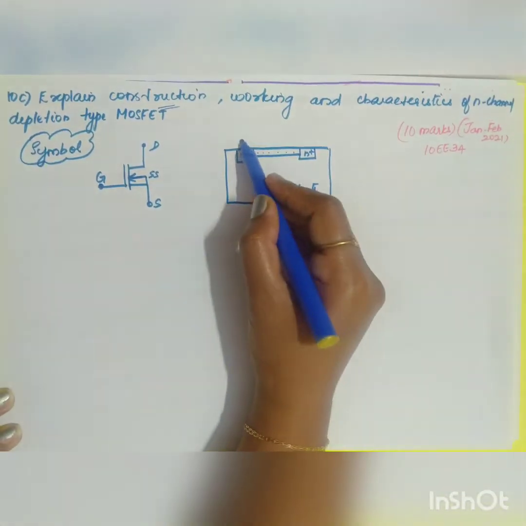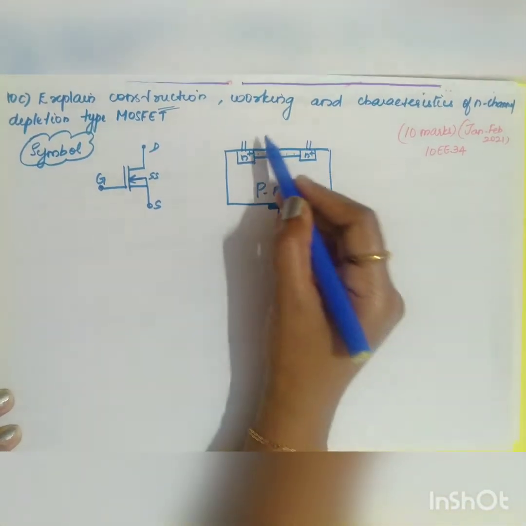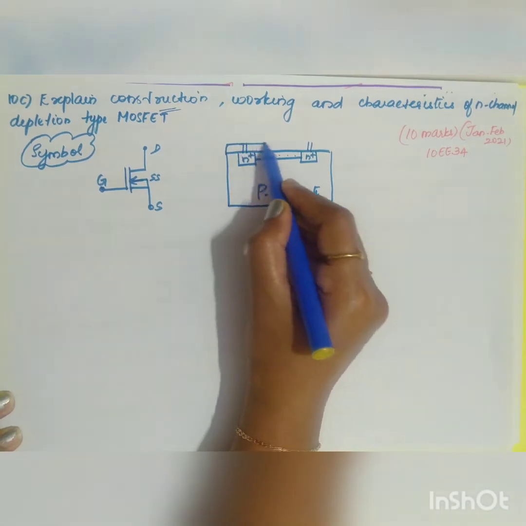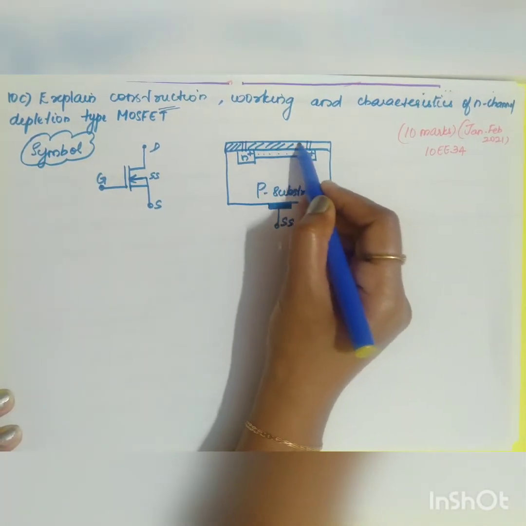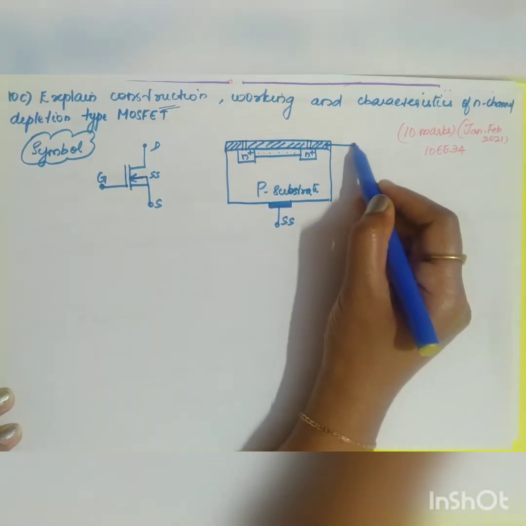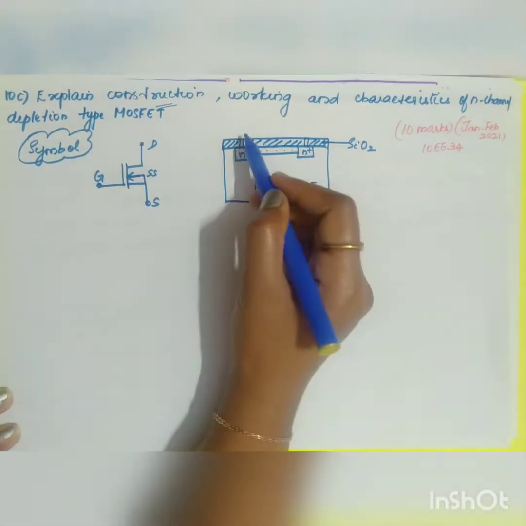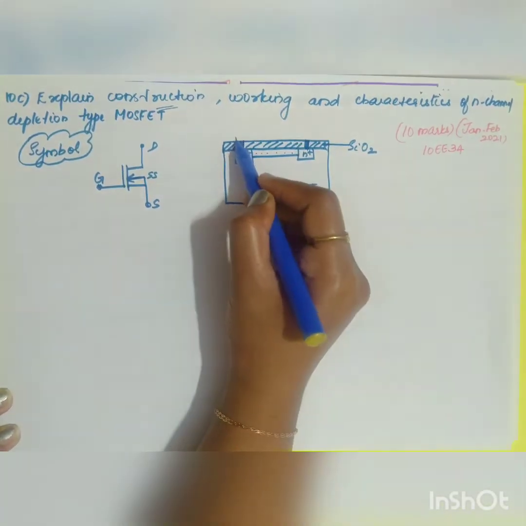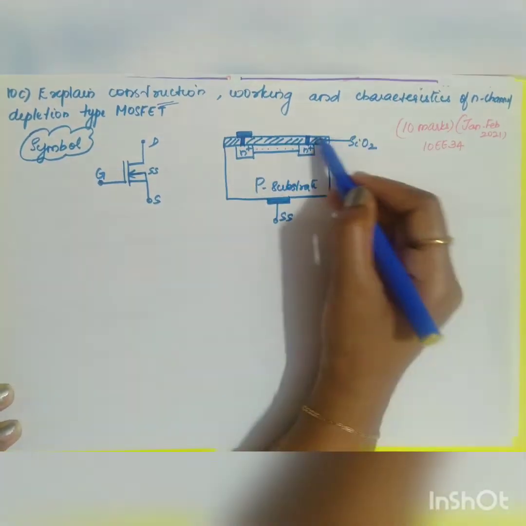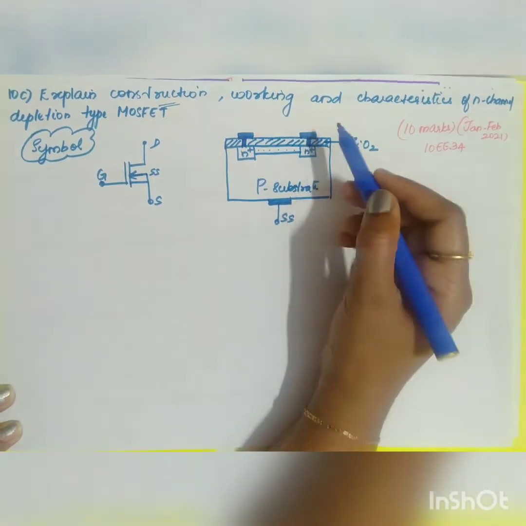Now two metal contacts will be taken from this N-type semiconductor, and this layer is called the silicon dioxide layer. It is an insulator, right? Two metal contacts will be taken from the N-type semiconductor, which will act as terminals.